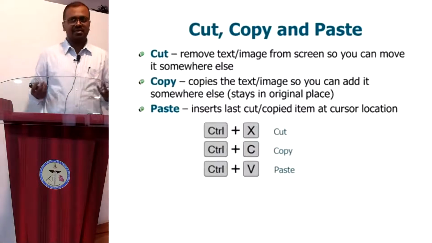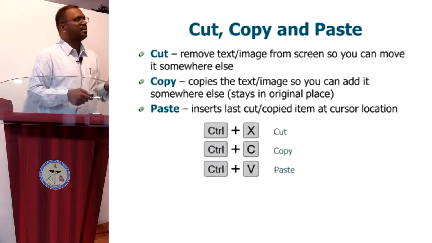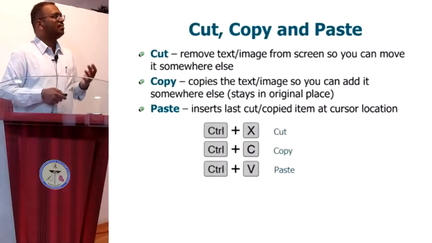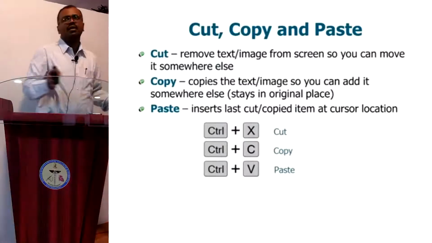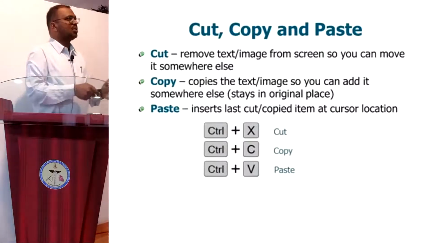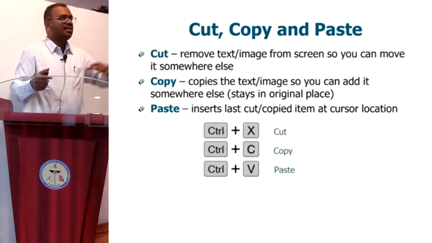Cut is to remove the text or image from the screen so you can move it somewhere else; you are removing it completely from that place. Whereas copy copies the text or image so that you can add it somewhere else, and it is retained in the original place.